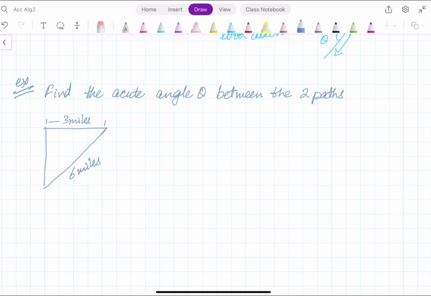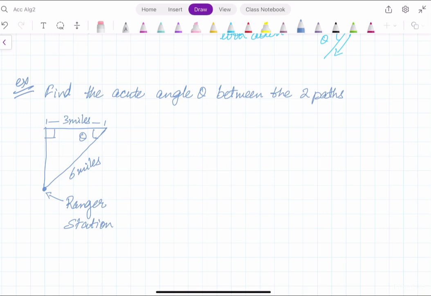The top side is 3 miles. This is a right triangle. The angle is 90 and that is a theta. So if that is a theta and the tip right here is labeled as ranger station.